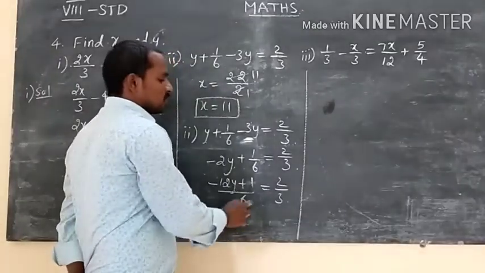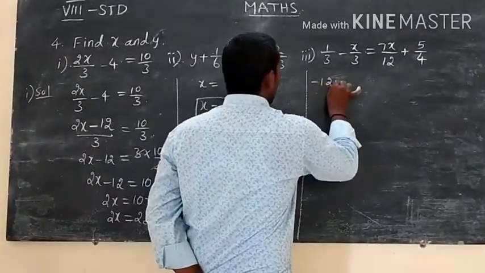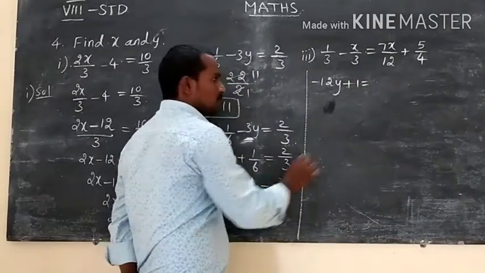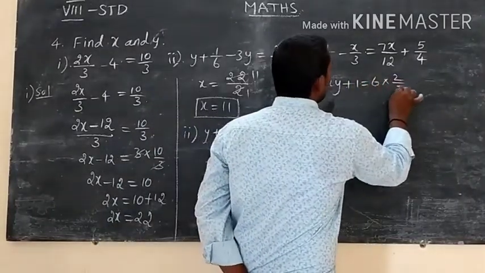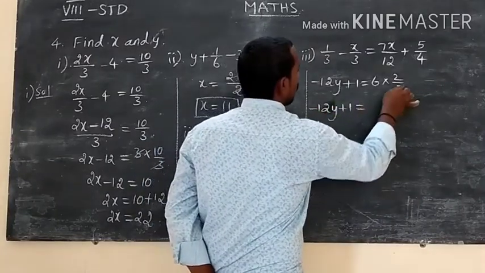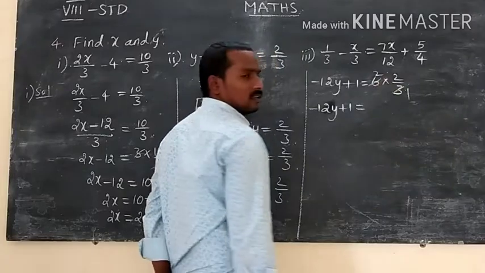And making the transposition, minus 12y plus 1 equal to 6 into 2 by 3. Okay. Minus 12y plus 1 equal to 3 2s are 6.